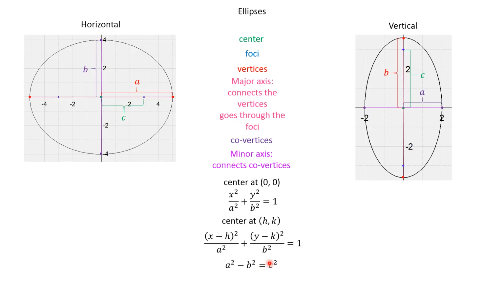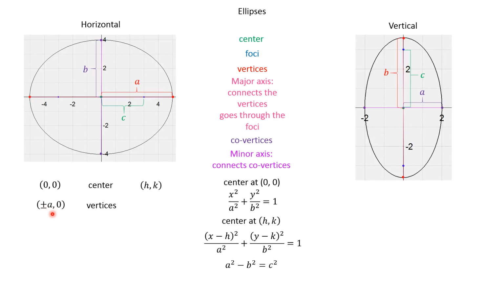So now that we have c squared, we can look to see where some of these points are going to be. It's going to be different if the center is at 0, 0 or h, k, because we're starting at a different point. We can find the vertices. At 0, 0, we start at 0, we go over a. Well, isn't this the point a comma 0, or negative a comma 0?